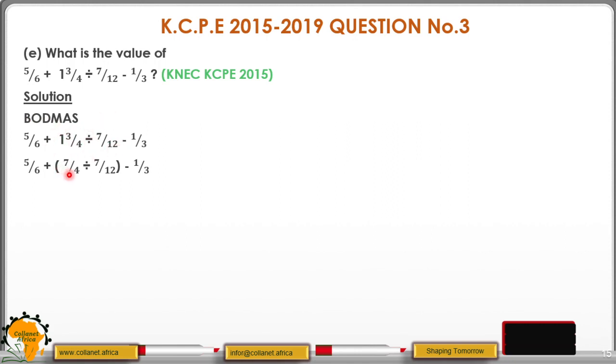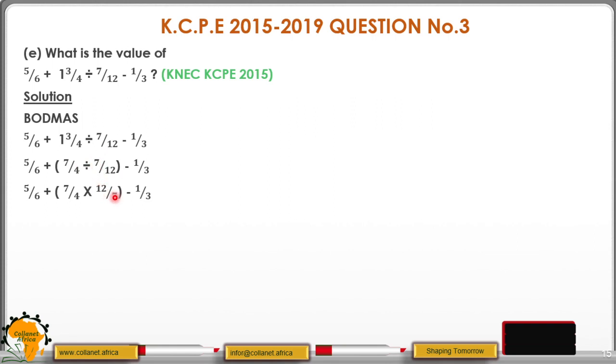Then we can change this one into an improper fraction by multiplying 4 by the whole number and adding 3, you get 7/4. Then in the next stage, we change this one into multiplication, and this one becomes the reciprocal. So this one will come up and this one will go down. That is the meaning of reciprocal.